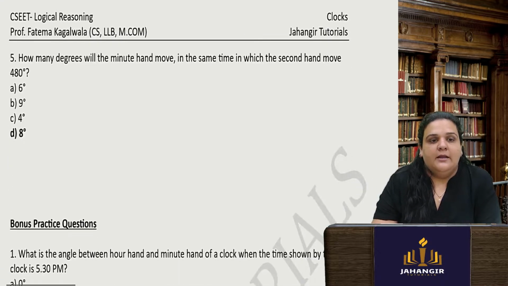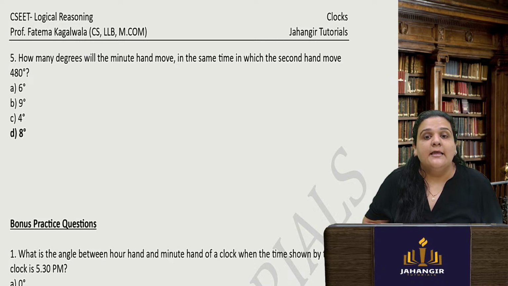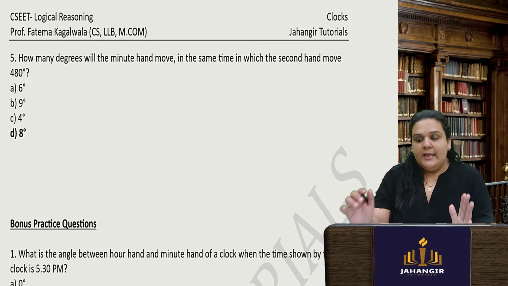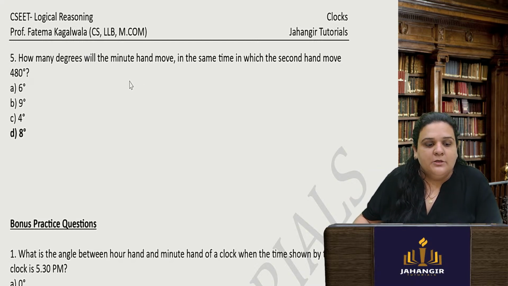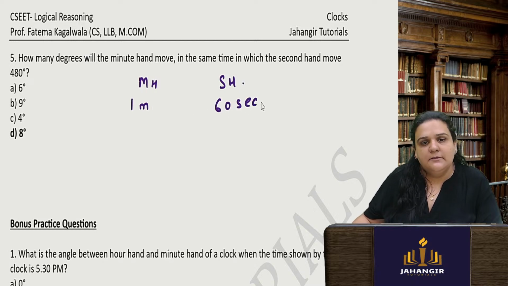Now the next one. How many degrees will the minute hand move in the same time in which the second hand moves 480 degrees? First we will establish a relationship between the minute hand and the second hand. In 1 minute, actually 1 minute is how many seconds? 60 seconds.